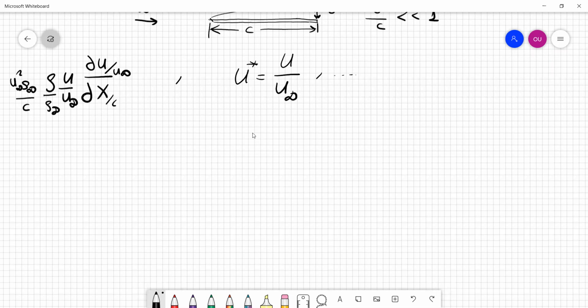For other parameters, we did similar. So the non-dimensional form looks something like this: rho star times u star du star over dx. I'm not going to rewrite the dimensional form, which I did yesterday, but I'm going to write the non-dimensional form.